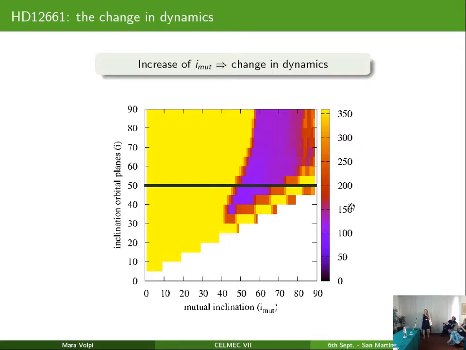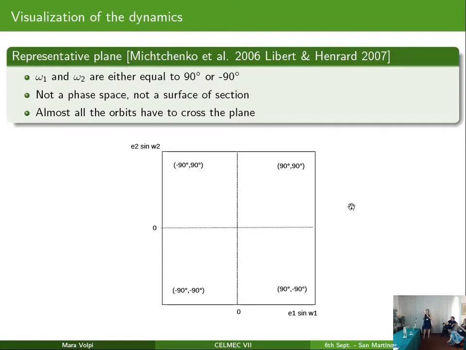Now, we have seen that our tool has correctly indicated the island of libration that we expected. So let's see if it reads correctly the change in dynamics that increasing the mutual inclination provides. In order to visualize the change in dynamics, we are going to use this representative plane, on which we basically project the points of the motion for which the argument of the pericenter of the inner planet and of the outer planet assume the values of 90 or minus 90 degrees.